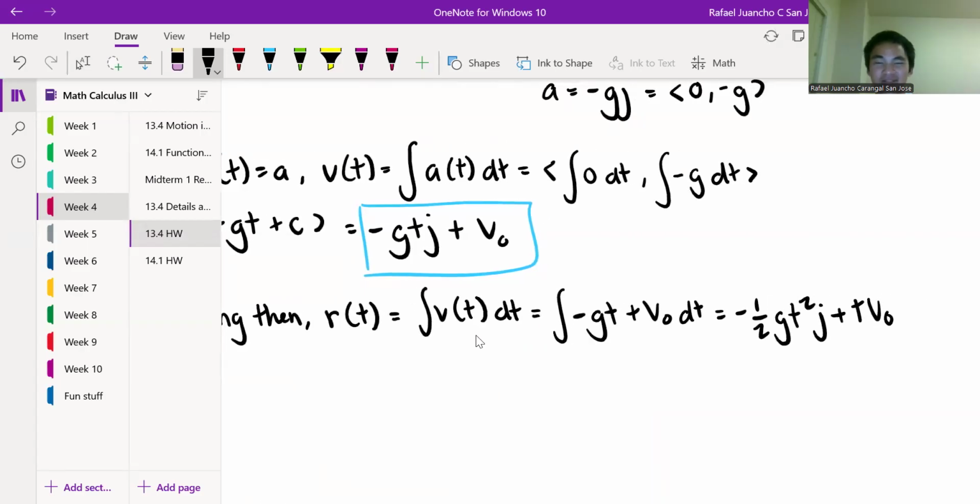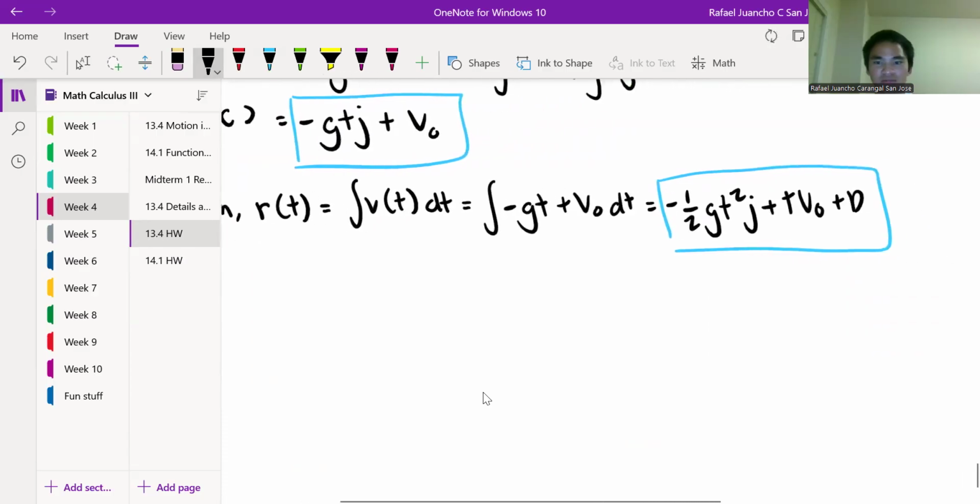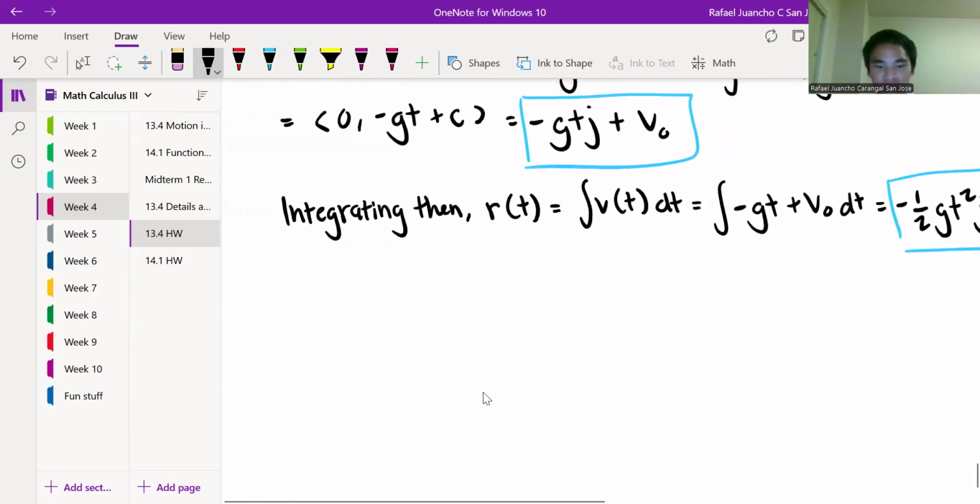Now, do I add a constant? Of course I do. The text box says d, so I'm gonna just add it there. Okay, it's a bit long. That's fine. And here we say that d is a vector.